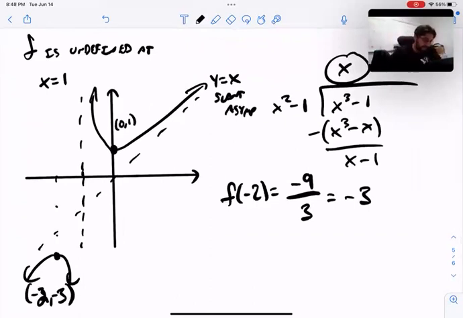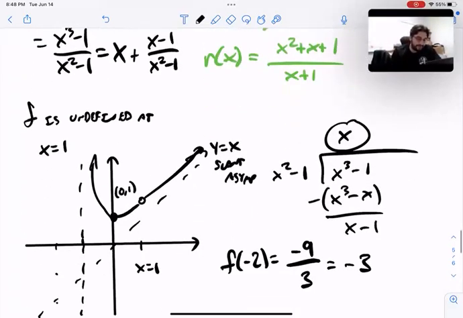Now, there's only one extra thing here, which is that at x equals 1, f is undefined, right? So technically, this graph has a hole right there. That's the graph of f. There's a hole right there at x equals 1. Now the question is, what is the location of that hole?